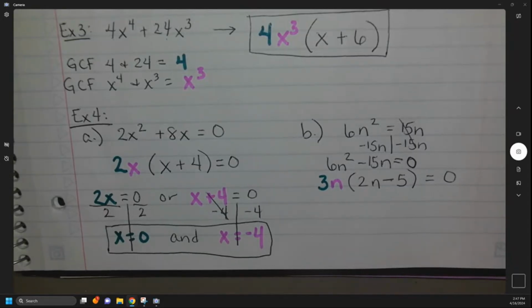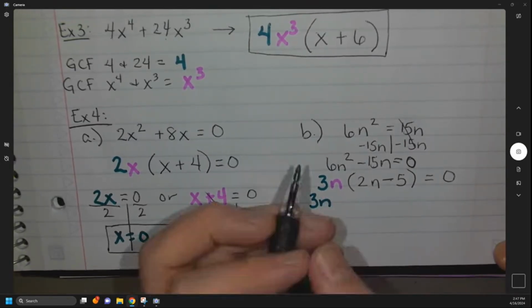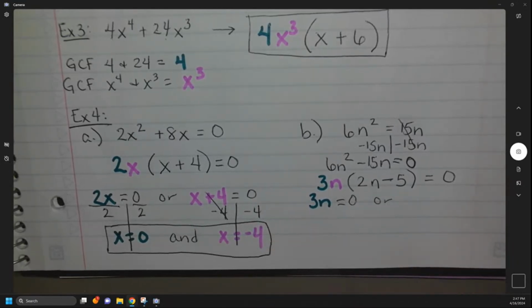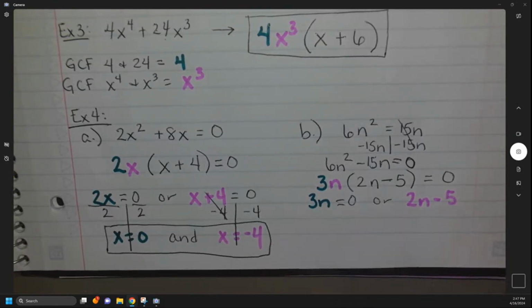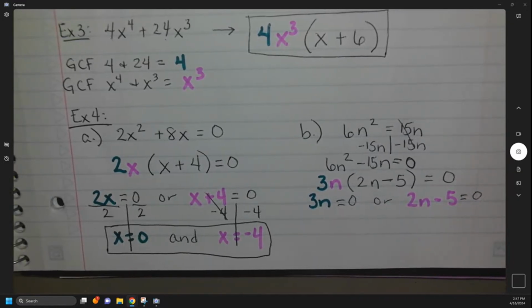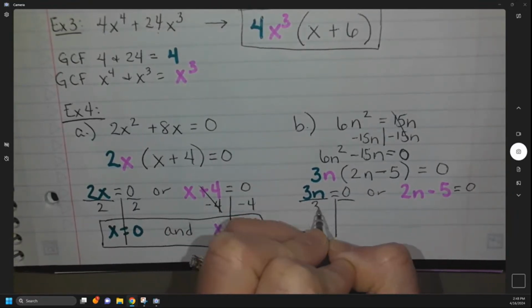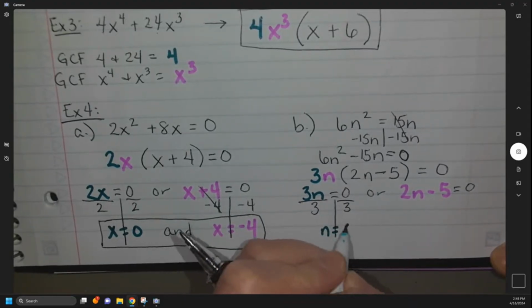And now we split them up. So we have our 3n equals 0, or 2n minus 5 equals 0. So we're going to solve. Divide both sides by 3. We get n equals 0.